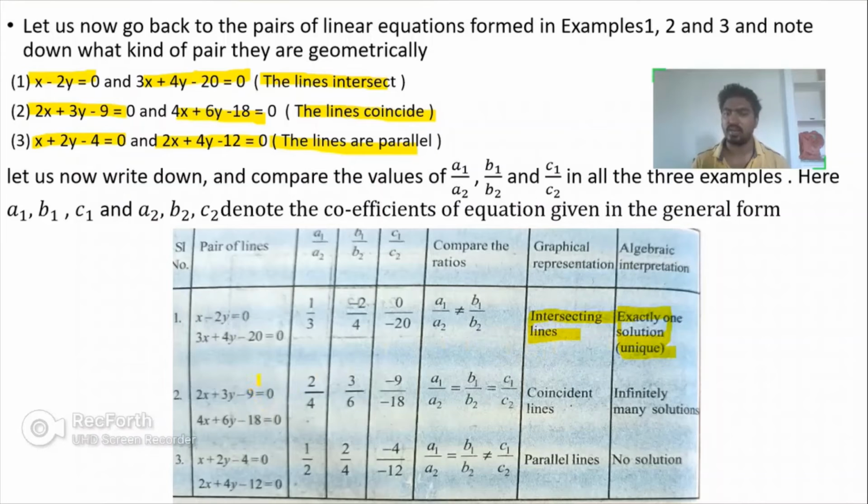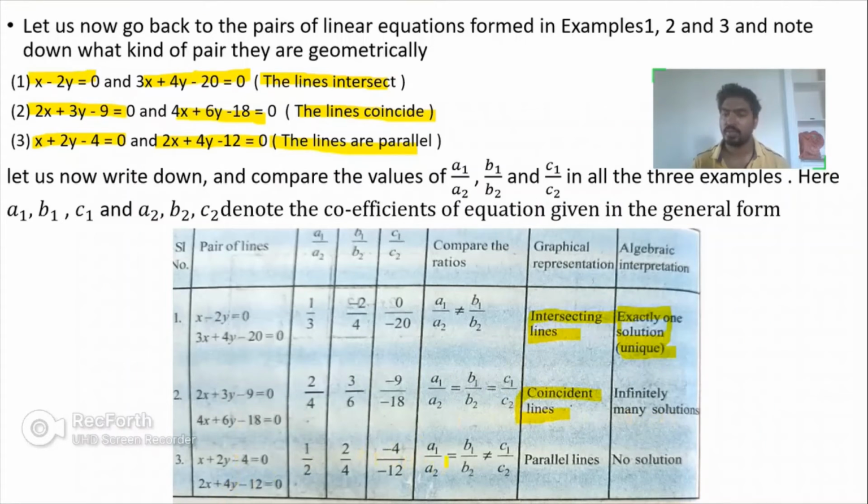If, when we calculate a1 by a2, b1 by b2 and c1 by c2, we observe that a1 by a2 is equal to b1 by b2 is equal to c1 by c2, then the graphical representation of these two line equations must be coincident lines. That is, it has infinitely many solutions.